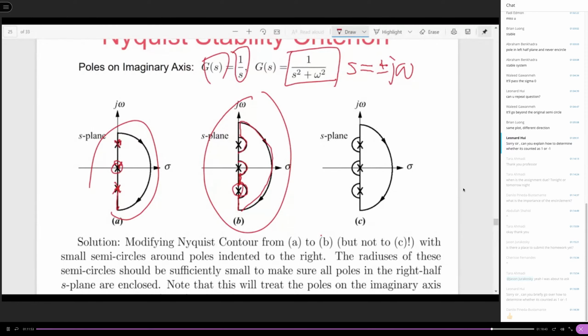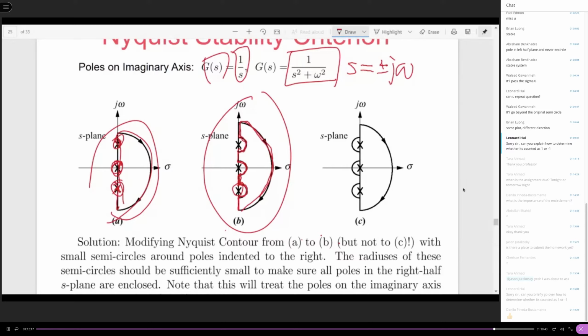In other words, right now you're going to evaluate the Nyquist plot based on this closed curve instead of this one. This is solely to avoid the irregularity. You see here, when you hit the pole, the transfer function is singular.